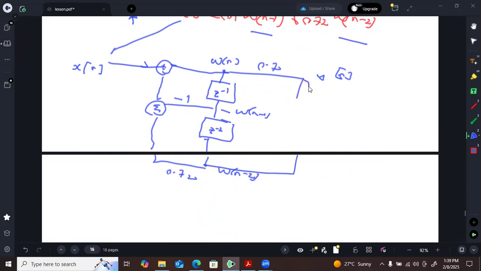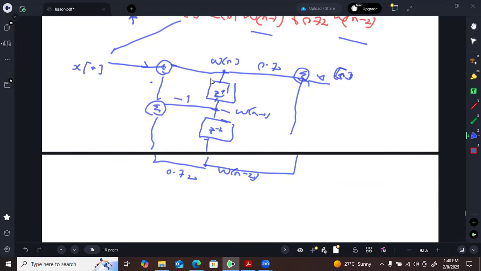So bring that one. Then I add them there. Then I will get y of n. So you can see now we are able to share some blocks. The two delays are here. We are sharing this side and this side.